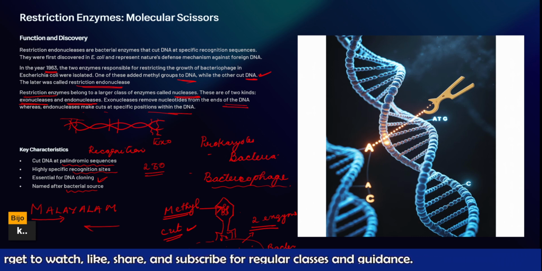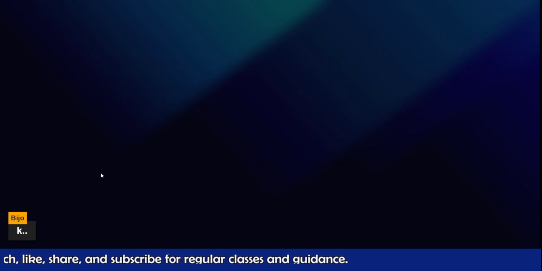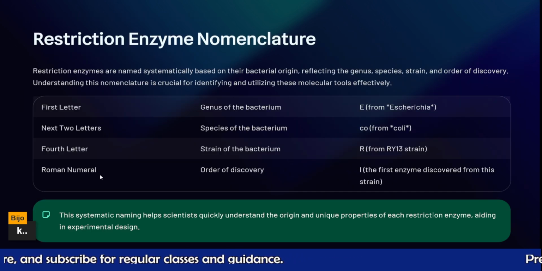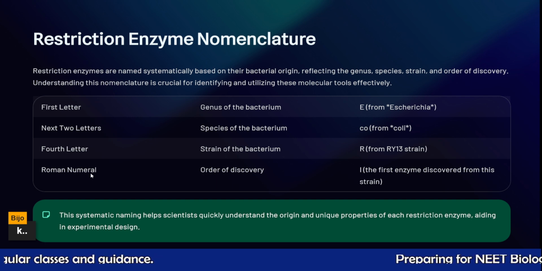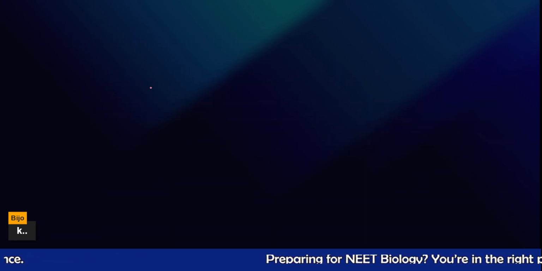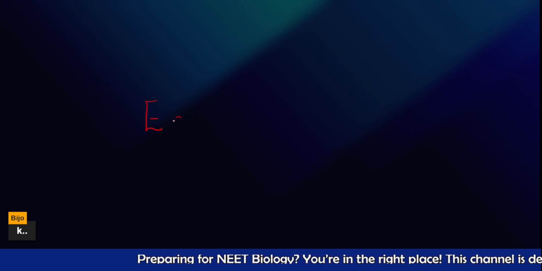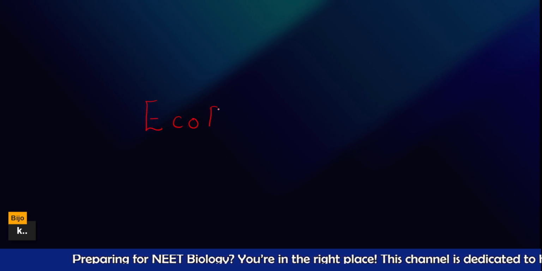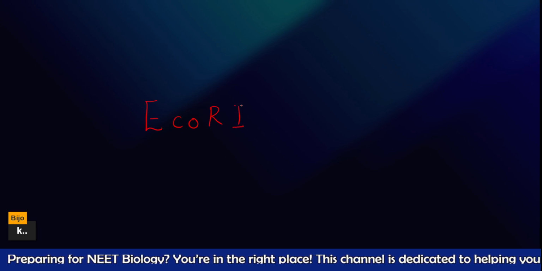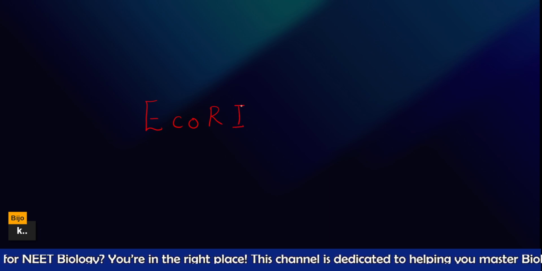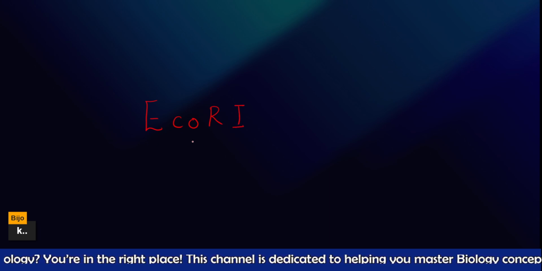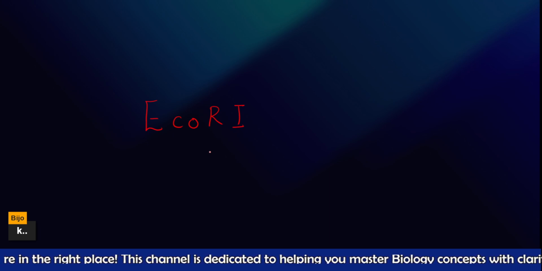Right? So let's discuss the nomenclature of restriction enzymes. When we give the name of a restriction enzyme, for example EcoR1, this is not the bacteria, this is the restriction enzyme.